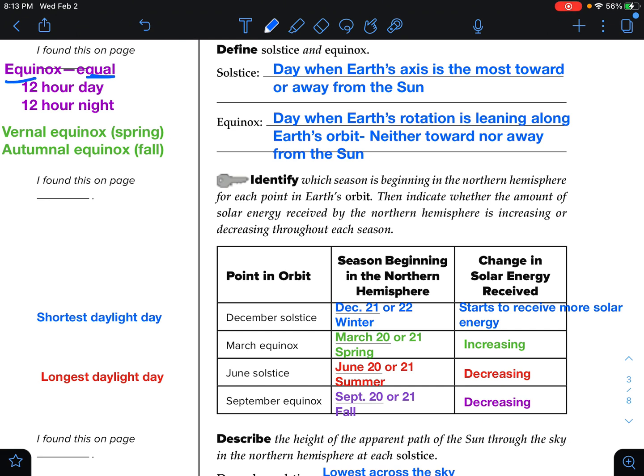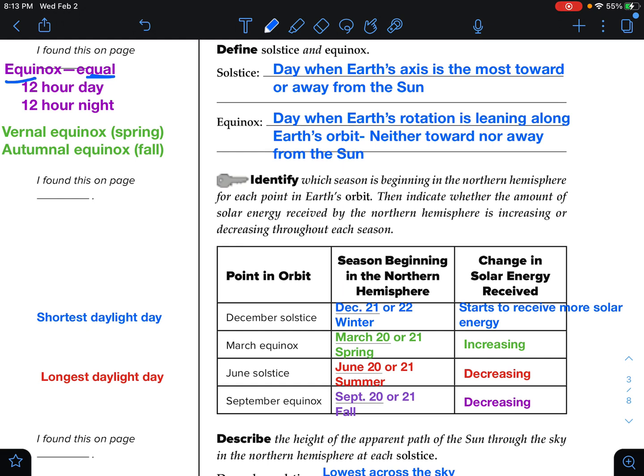June 20th or 21st, start of summer. And September equinox, September 20th or 21st would be fall. So we have a solstice, an equinox, another solstice, and then an equinox. So every 6 months we have a solstice, and every 6 months we have an equinox. So really there is a special day every 3 months.